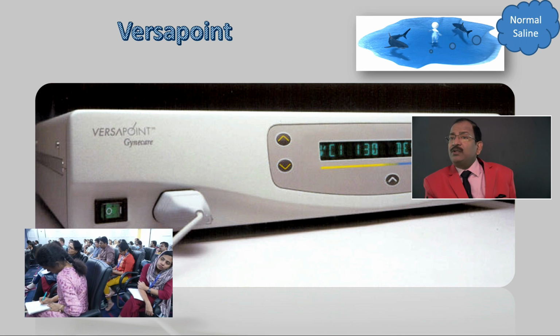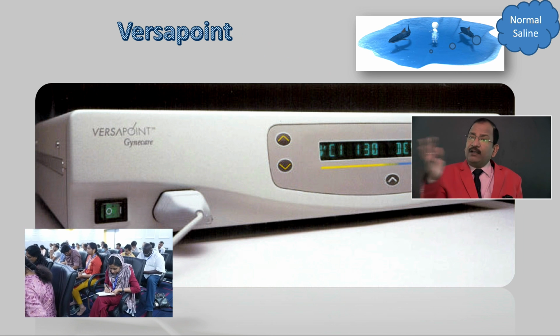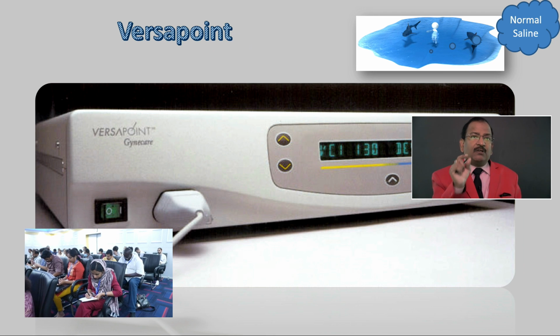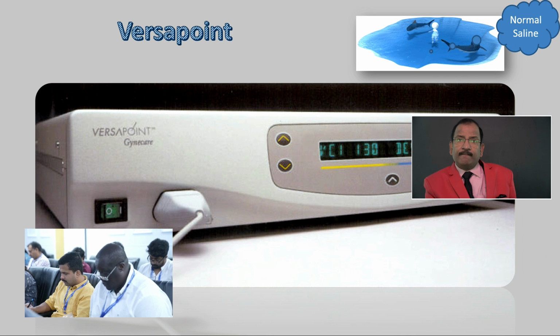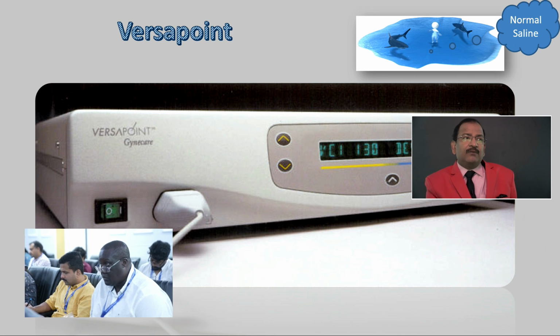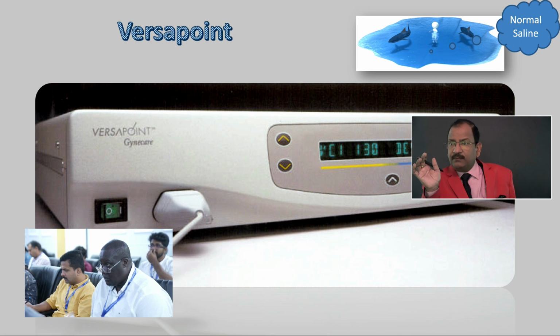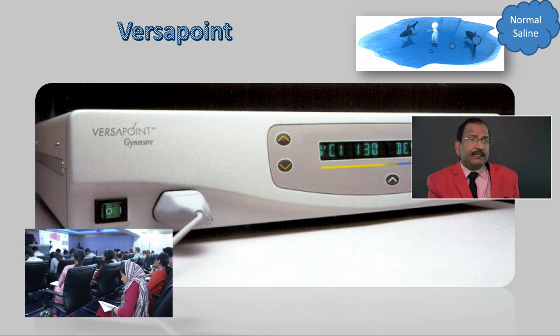We cannot use monopolar with normal saline, because all the current will get dissipated in the saline. Your current for the tissue will be 0, because it will not go to the tissue, it will go to the uterine wall everywhere, because normal saline is a very good conductor of electricity.